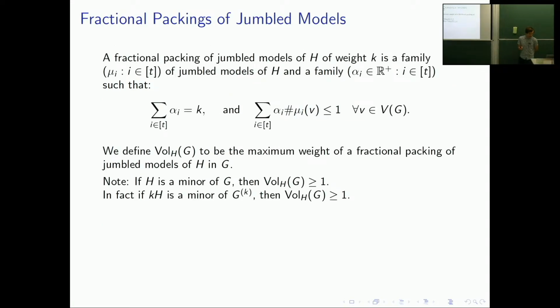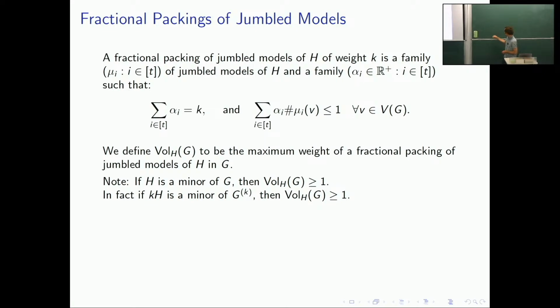Okay, so maybe I give a quick example. What's an example of a graph where the H volume is at least 1, but the graph does not contain a copy of H?